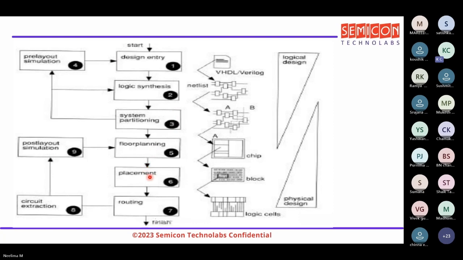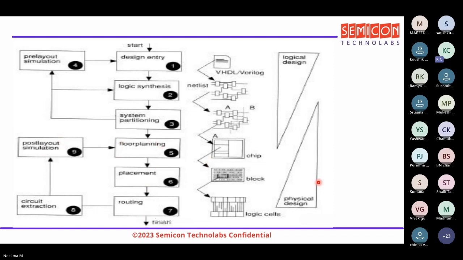So floor planning, placement, 6th step, 7th step routing, followed by extraction, where we extract the resistance and capacitance. We know about KCL and KVL, Kirchhoff's current law and Kirchhoff's voltage law. So we do the extraction, identify the resistance and capacitance, and take it forward for simulations to have the parasitic-based simulations.